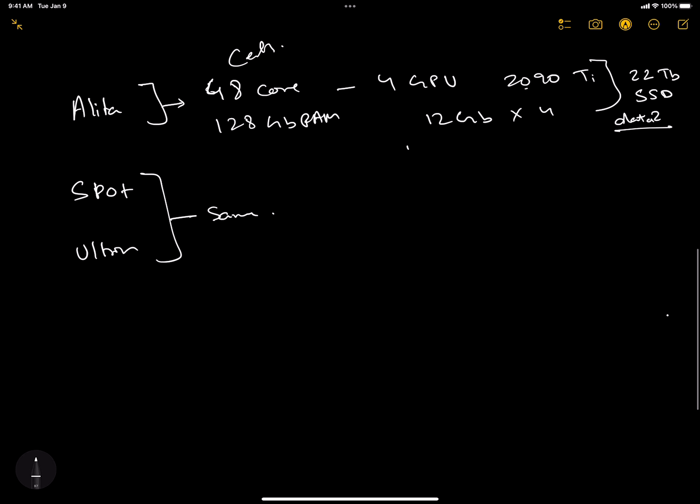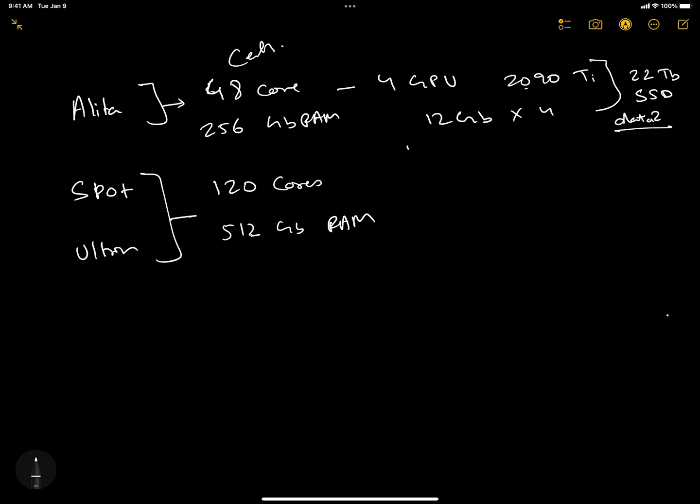On Spot and Ultron we have 120 cores, which is excellent, because in cryo-EM processing there are times when having more cores really speeds up the process by multiple folds. We have about 512 GB of RAM. That reminds me, we may have 256 on Alita.